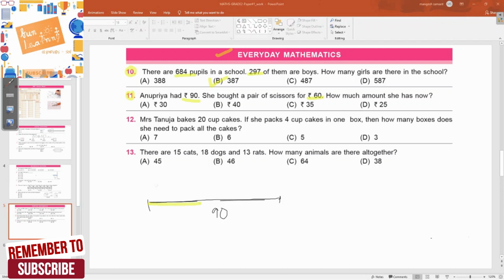She spent 60 in buying a scissor. So she spent most of her money in buying a scissor. 60 goes here. So how much is left? Yes, 90 minus 60.